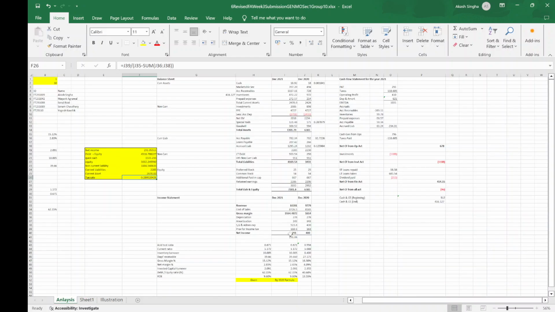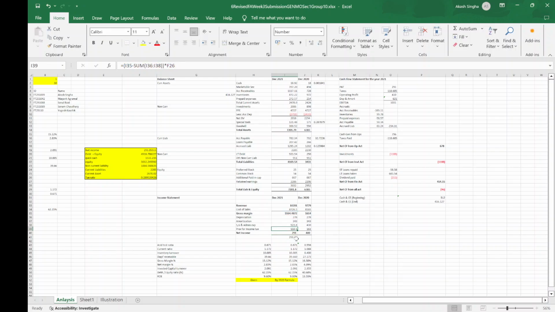Let me just show you. I think it's getting complicated. So how I have calculated it: remove the other expenses from the gross margin, then calculate the earning before tax from here.